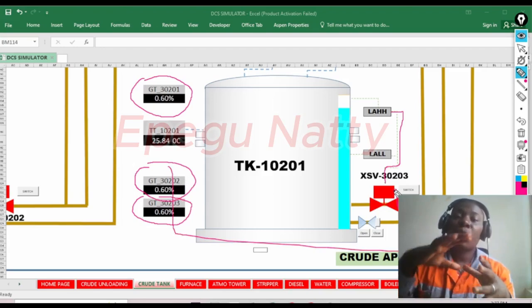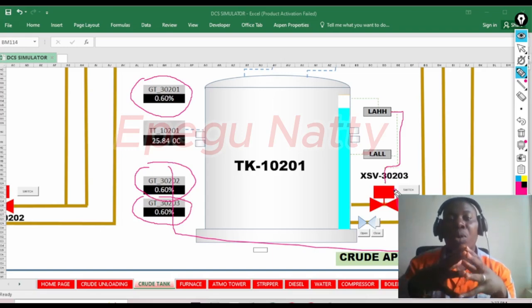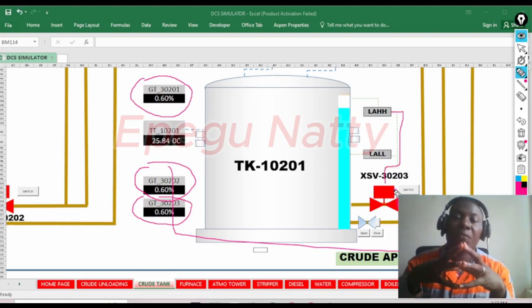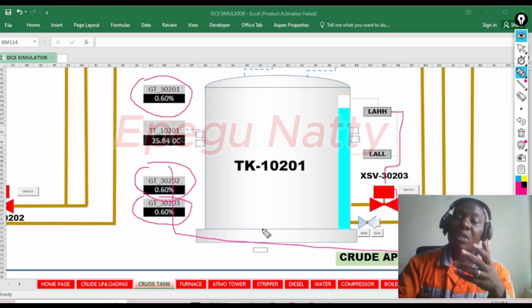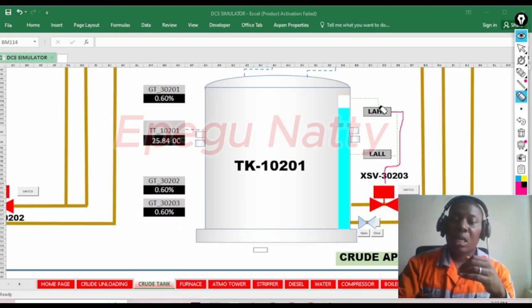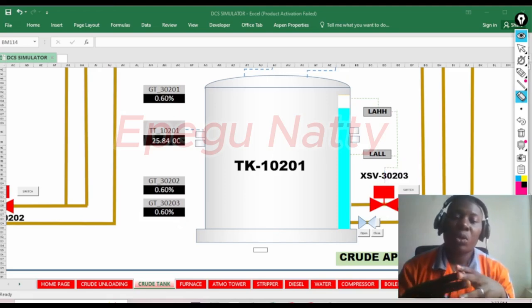That concentration has gotten to a point where the detector thinks that there is a spill in that environment, and it is going to trip the shutdown valve, and invariably trip the pump if it is programmed to trip the pump. All right, so this is actually what we are going to be doing in this course.